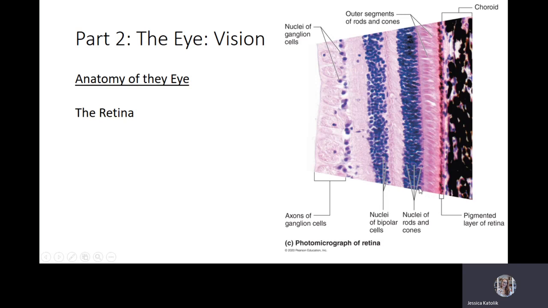Here we see the nuclei of the rods and cones, which are the photoreceptors. These are the nuclei of the bipolar cells. And here we have the nuclei of the ganglion cells. The ganglion cells' axons will be located here, and they will eventually become the optic nerve.